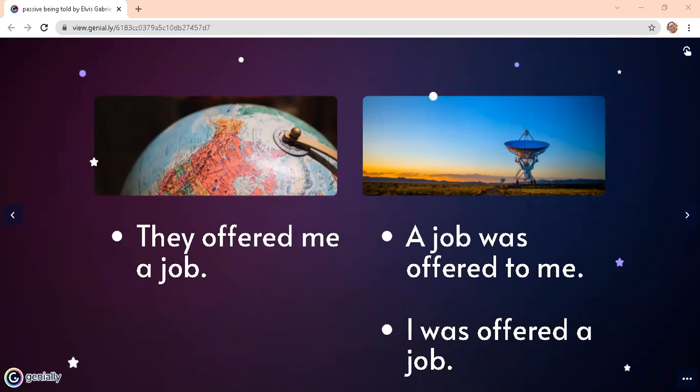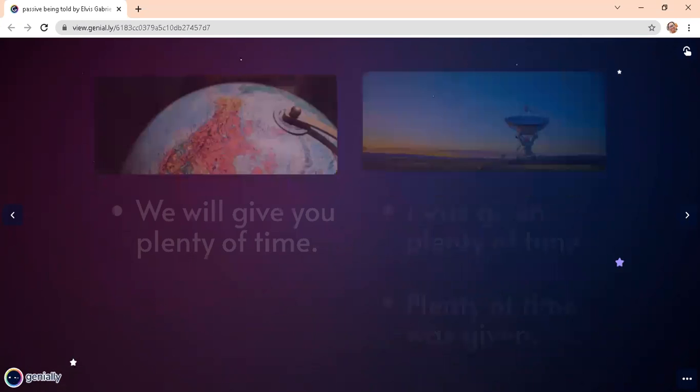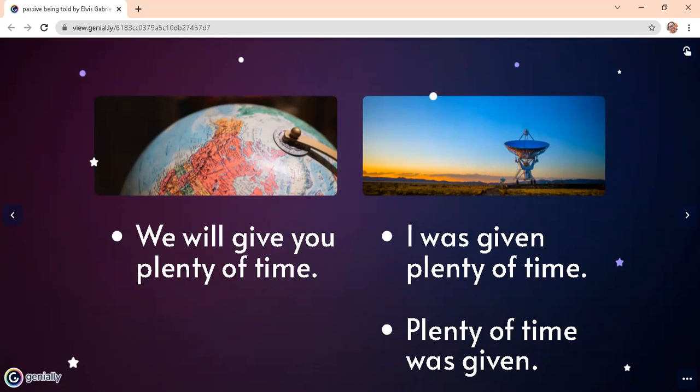Let's just take a look at another set of examples. We will give you plenty of time. Again, this is an active voice sentence. We know it is an active voice because we have the pronoun first, and then we have the verb. In this case, the future will give. And then you can create a passive form using I was given plenty of time, or plenty of time was given.